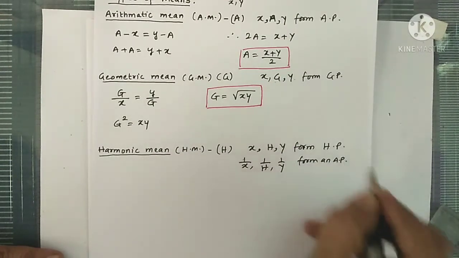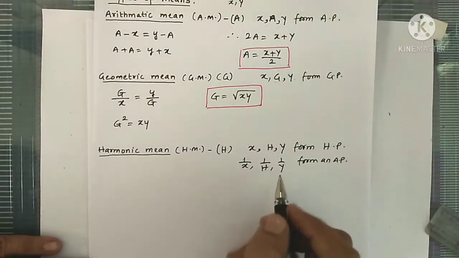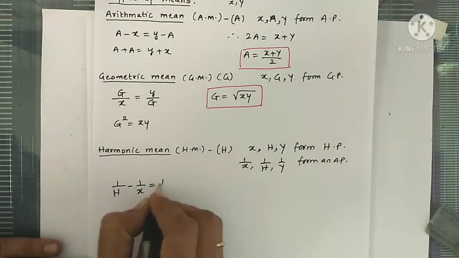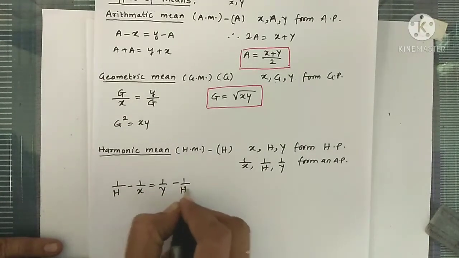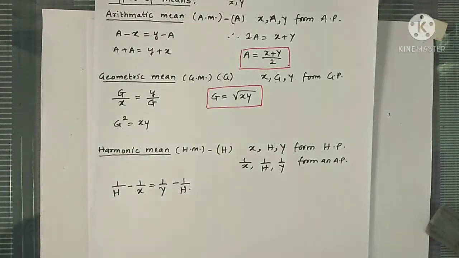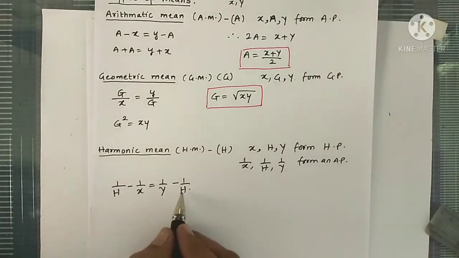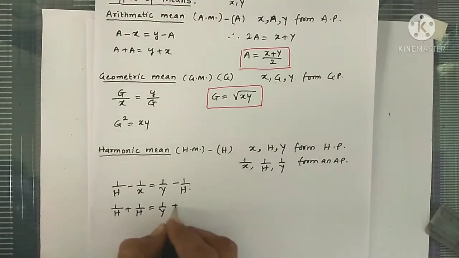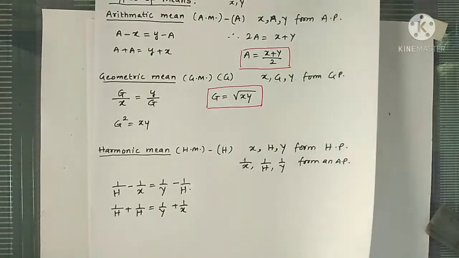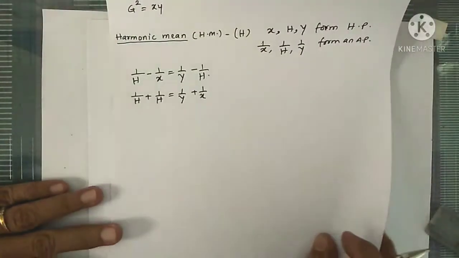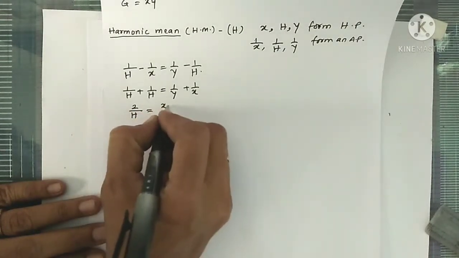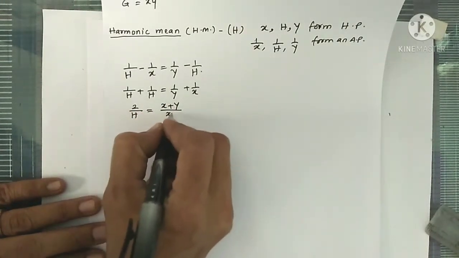So let's find out formula for H. As this is AP, we have 1 upon H minus 1 by x is equal to 1 upon y minus 1 by H. Now as we want to find out formula for H, let's transfer this minus 1 by H to left hand side. So 1 by H plus 1 by H is equal to 1 upon y plus 1 by x. Now 1 upon H plus 1 upon H is 2 upon H, equal to, adding this, x plus y divided by xy.